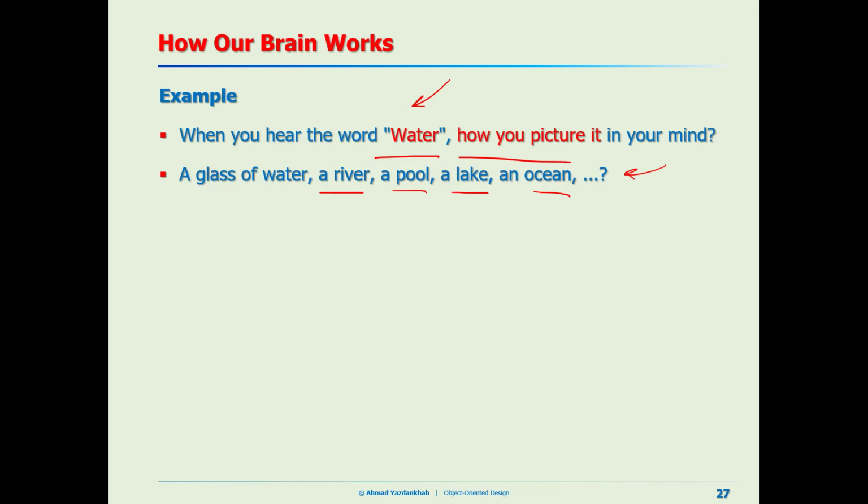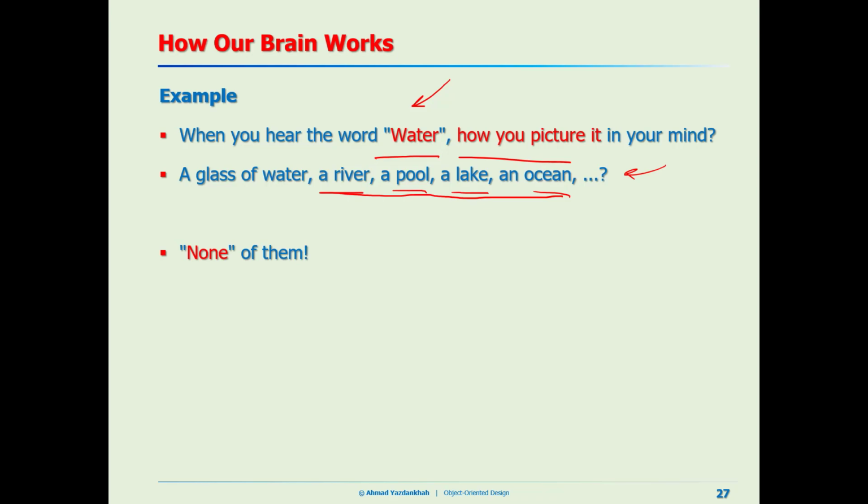Which one do you picture in your mind when I tell you the word water? The fact is none of them, and probably somehow all of them, right? What does it mean?